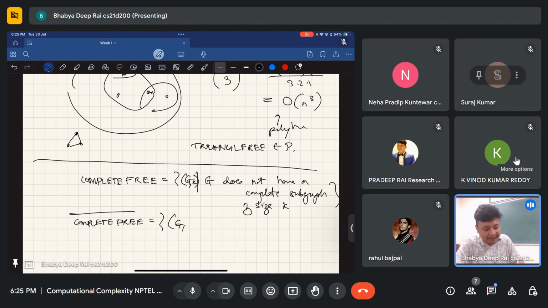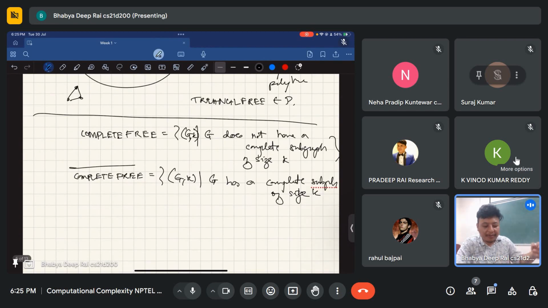It has all those G, k such that G has a complete subgraph of size k. Now, I hope you can connect this. Have you seen this problem before? It has a complete graph of size k.